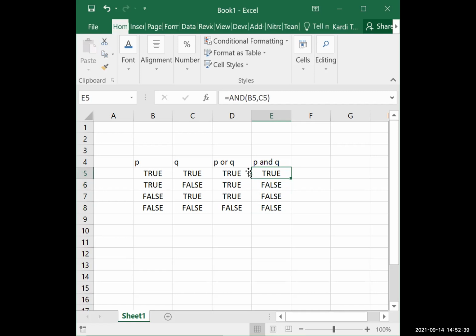So logical AND will only be true if and only if the premises are true. Logical OR, on the other hand, will become false if and only if P and Q are false. If only one of them is false, still true. Surprise, surprise.